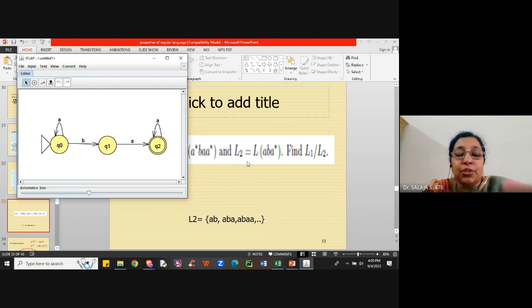What about L2? L2 has the strings given below to be generated. It is A, B, A closure. So if A closure is an empty string, you will have A, B, A, B, A, B, A, and so on. Now the question is, from Q naught on A, B, will I reach the final state?